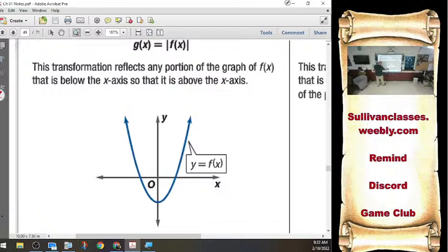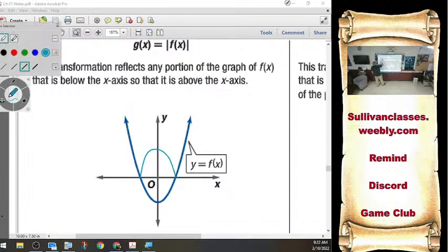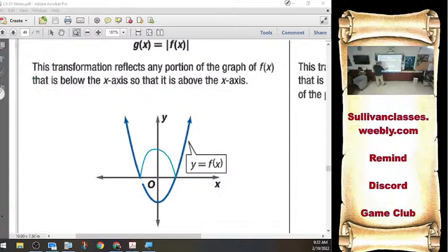So I take everything that was negative and it comes up here instead, and everything that was negative no longer exists. You take everything that was below the x-axis and flop it up. That's it. That's what absolute value of the entire function does.